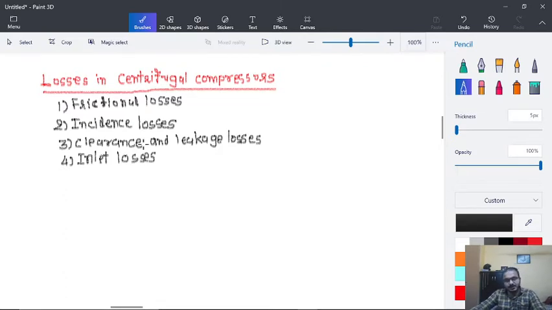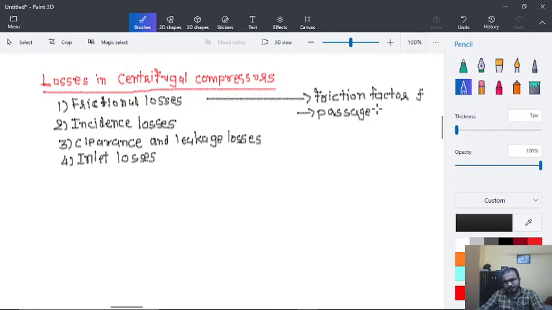So here these frictional losses depend upon the friction factor f, passage length and the square of fluid velocity.